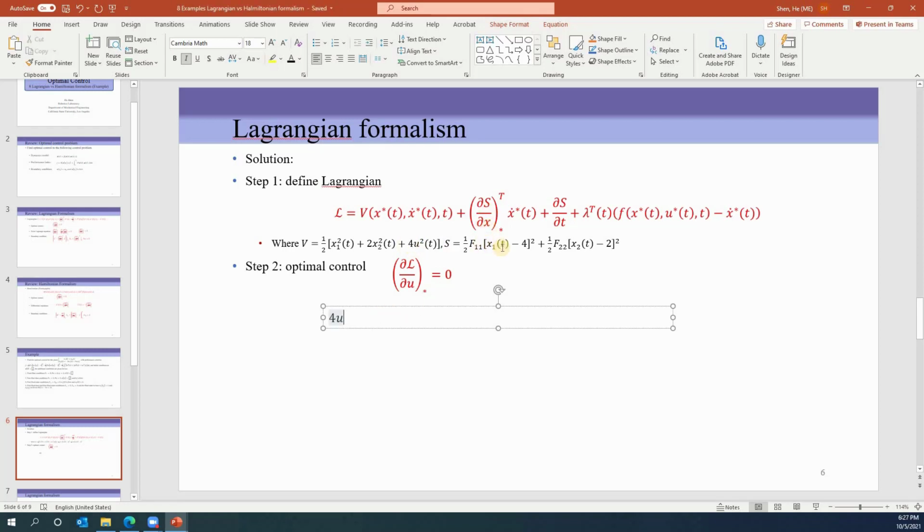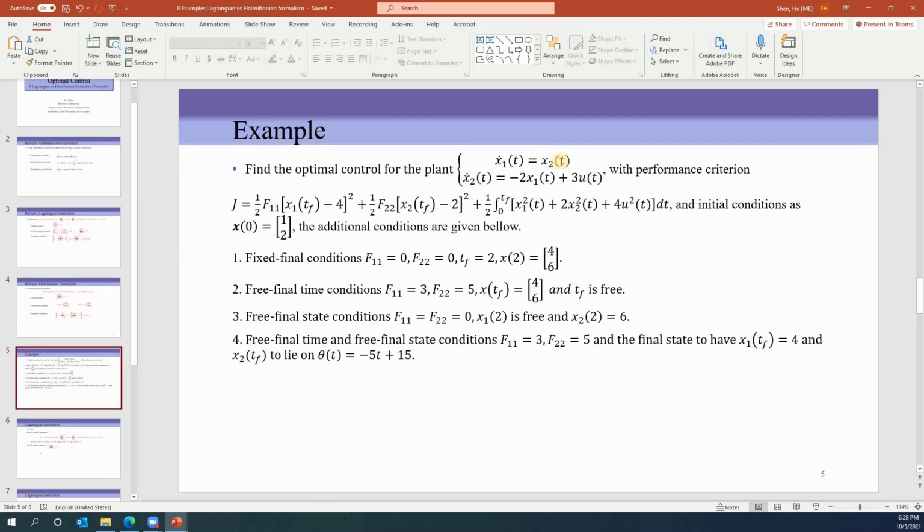So we can see that S is a function of x, it's not a function of u. So partial this term over partial u, that is equal to 0. And the next, partial L over partial u, here the f function is a function of u. So it's better for us to write it out if you cannot see the answer right away. The first term is lambda 1 times x2, it's not a function of u.